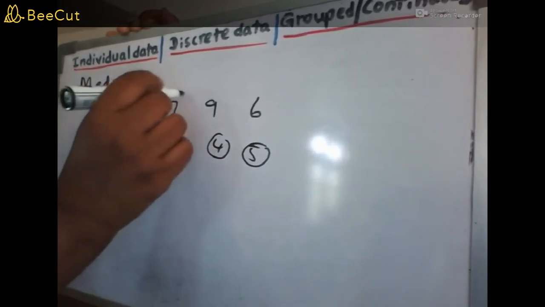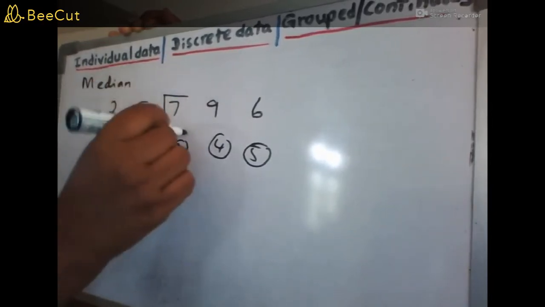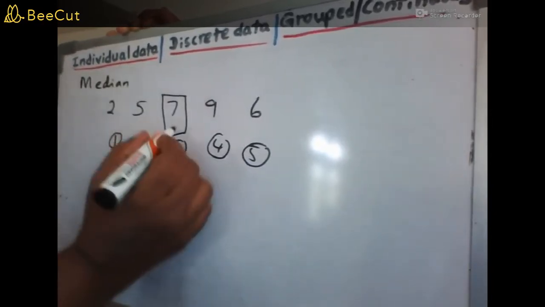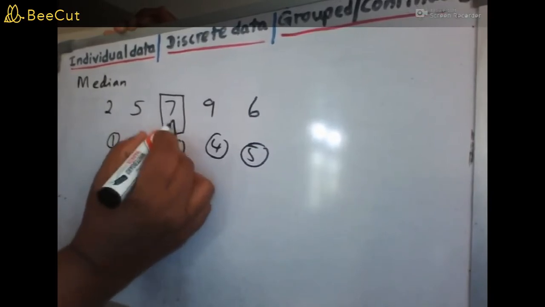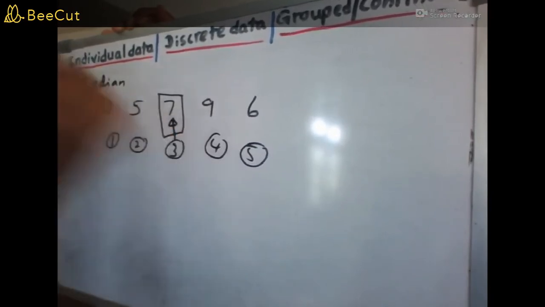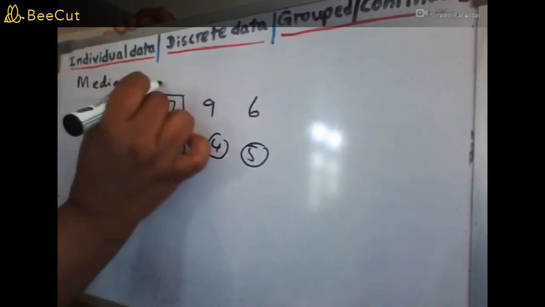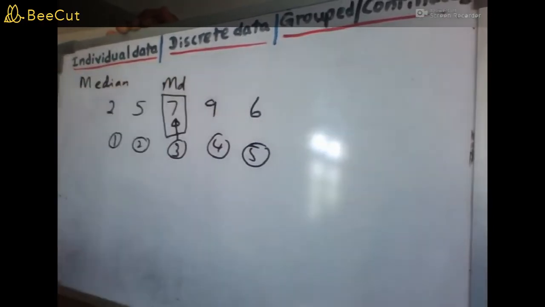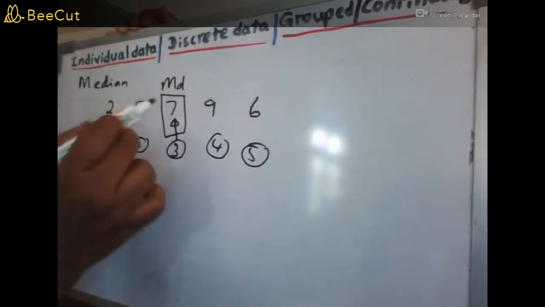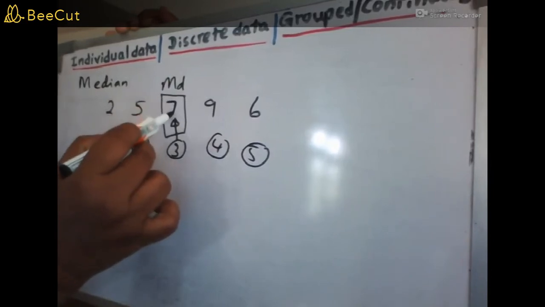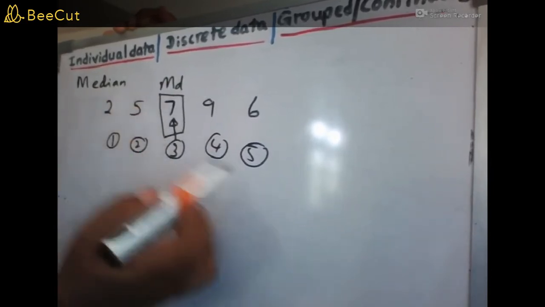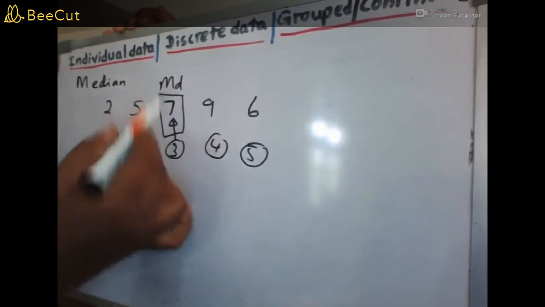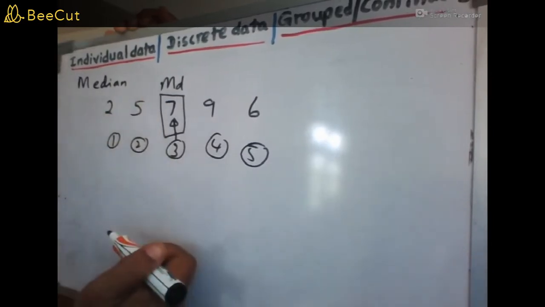This one, right? So this value, the mark 7, is the median, the mark which is represented by the middle place of the series.